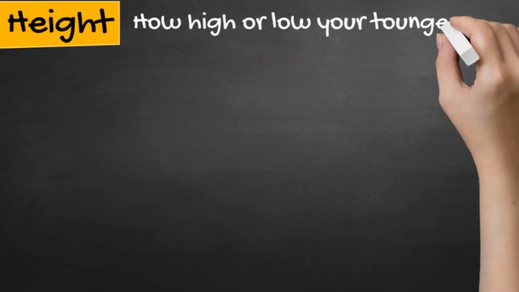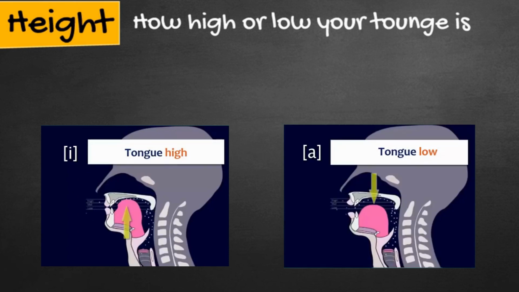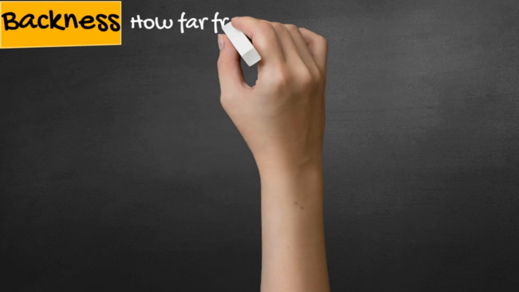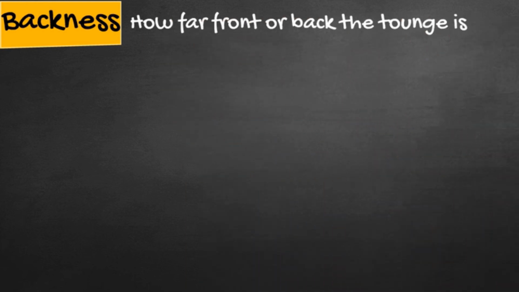Height refers to how low or high the tongue is in the mouth when producing the vowel. Backness refers to how far front or back the tongue is when producing the vowel.